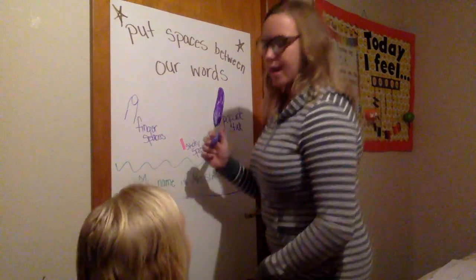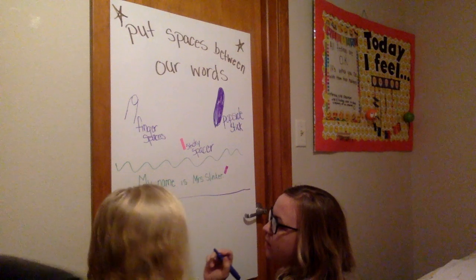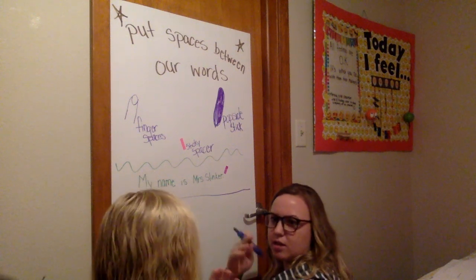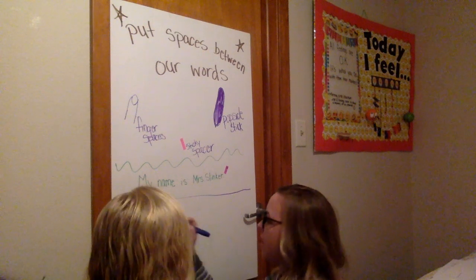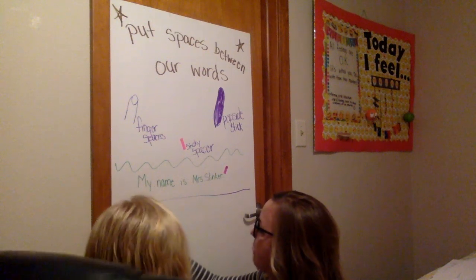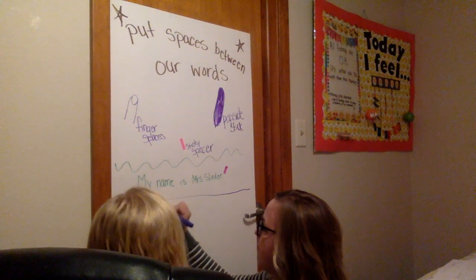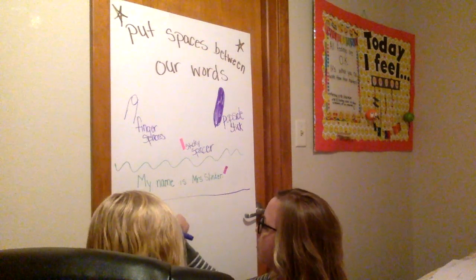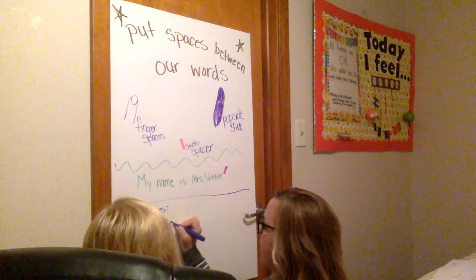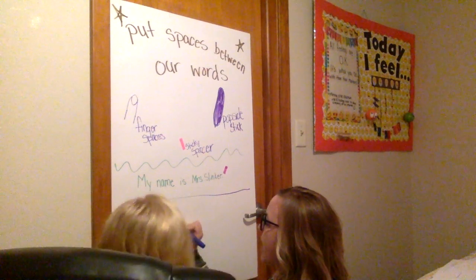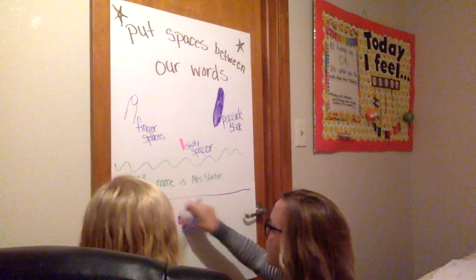So, for example, if we had beverages, to do our spaces and our list, what do we need in between items in a list? What kind of punctuation? A comma. So on our paper where it says beverages, what's a beverage you would like? Water. So if we put water, comma, right? Because our comma would go right next to water. And then we put our space, so then we use our spacer.